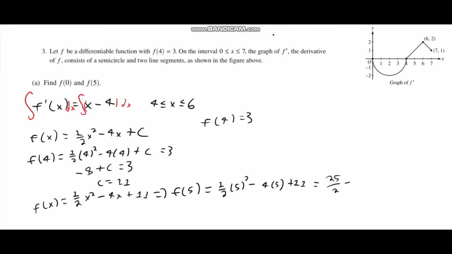Then we have minus 20, but I want to get the common denominator, so I'll put down 40 over 2, and the plus 11 will be plus 22 over 2. Then just work this out really quickly. The bottom is going to be 2. The top we have 25 plus 22, that's 47, minus 40. We get 7 over 2.